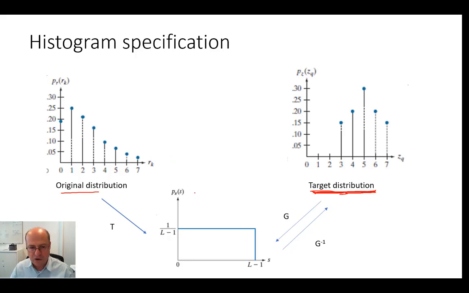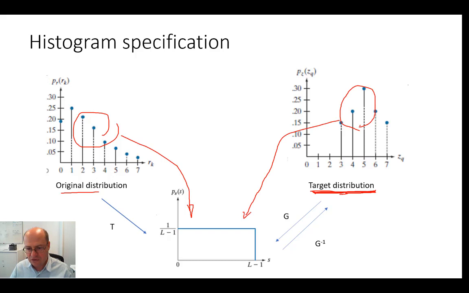We know how to get from the original image to an equalized histogram, right? We've just seen that, histogram equalization. In the same way, we know how to get from this histogram to an equalized histogram. It's the same process that we used before, applied to the pre-specified histogram to get to the equalized histogram, right?